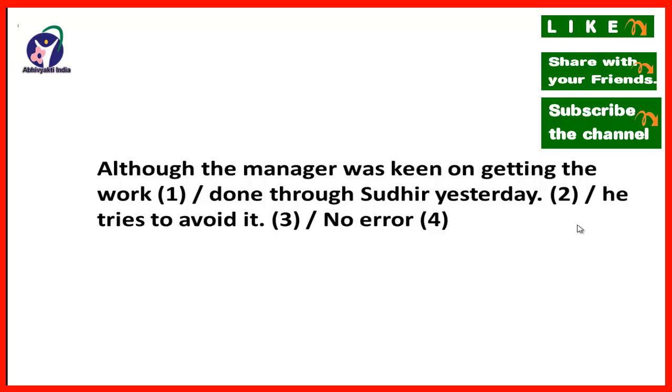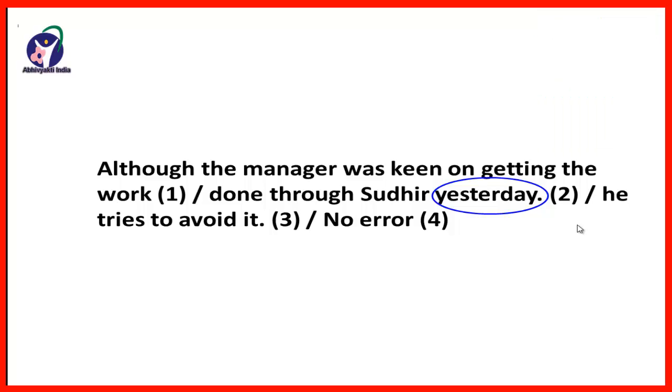Although the manager was keen on getting the work done through Sudhir yesterday, he tries to avoid it. Although the manager was, it means we are talking about past tense. Manager was keen on getting the work done through Sudhir yesterday. So yesterday indicates that we are talking about past tense.